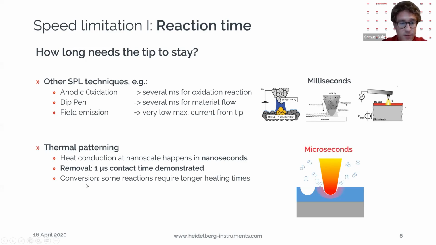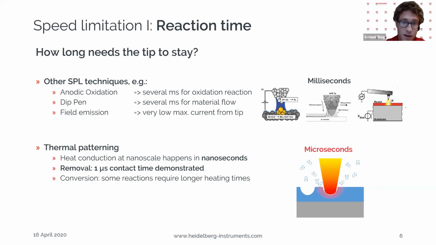If you plan to do conversion of the material, so you induce some change in the material rather than the decomposition of our special PPA resist, then it might need somewhat longer heating times. But compared to other SPL techniques, we are way faster.